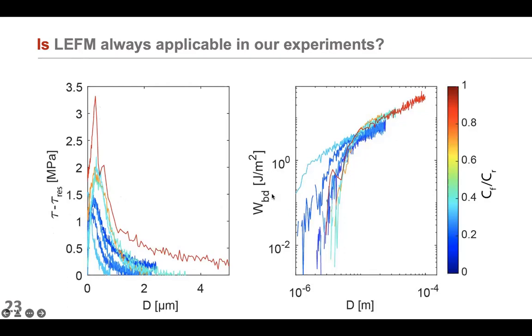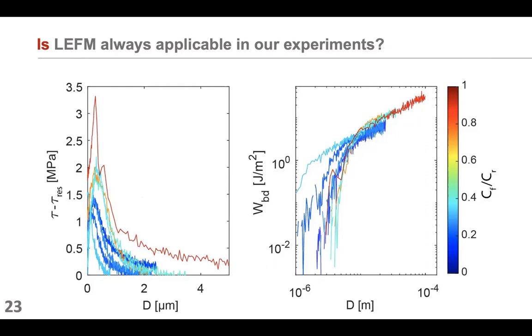And the interesting thing is that if you plot the integral of these curves, so the breakdown work as a function of slip, you can see that we have a first strong increase in breakdown work with slip. And then after, there is a second increase that is related to something different than linear elastic fracture mechanics.